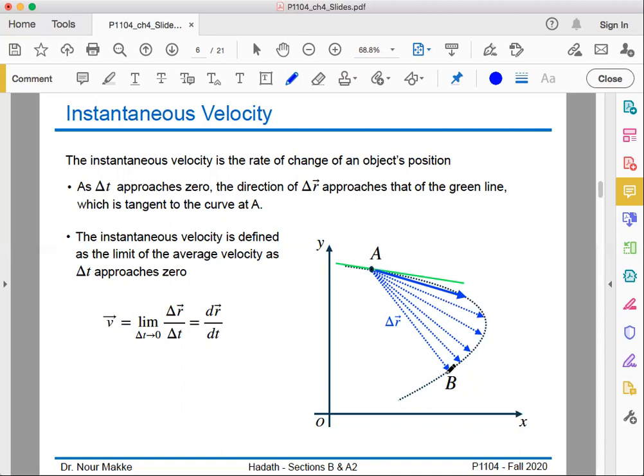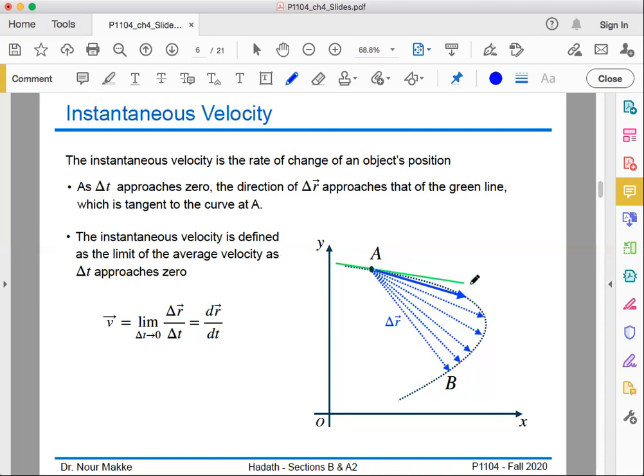And when delta T approaches 0, that means that the point B is approaching A, which means that the vector delta R, that connects the 2 points A and B, its direction will approach the direction of the green line that is over here.